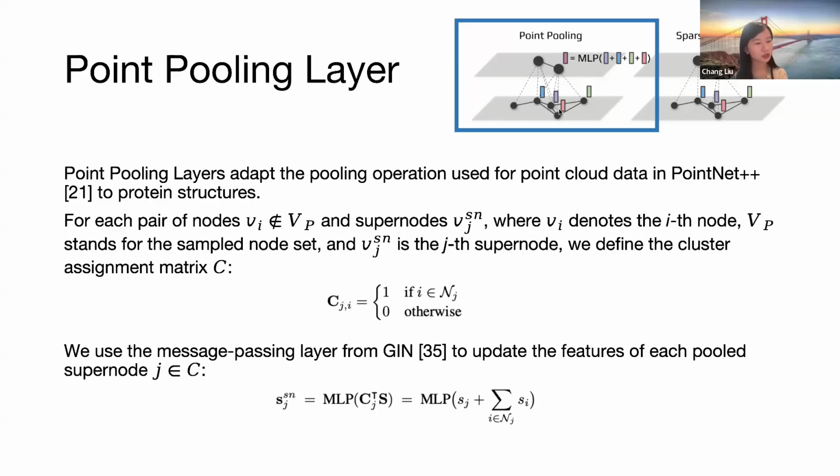With this definition, it might reduce some capabilities of the graph representation, which we would demonstrate and discuss more in our experiment section. Okay, and for the aggregation of the features of the graph nodes, we leverage the message passing layer from Jing to update the features of each pooled supernode.